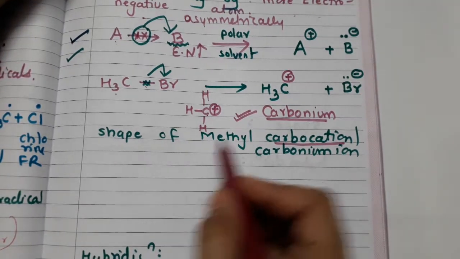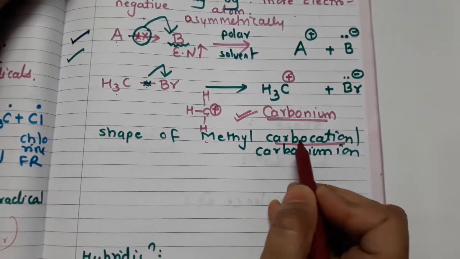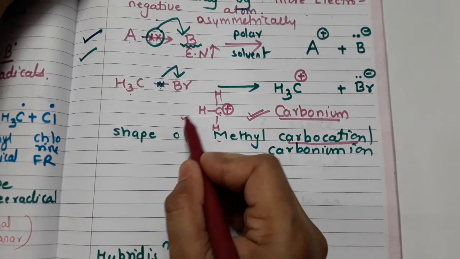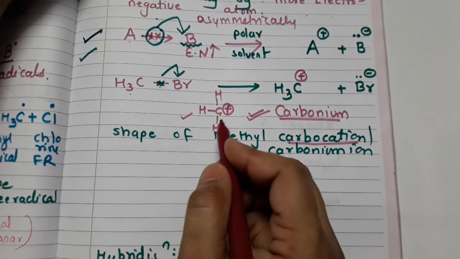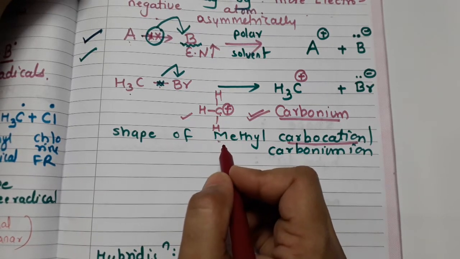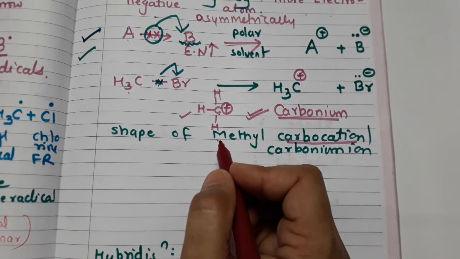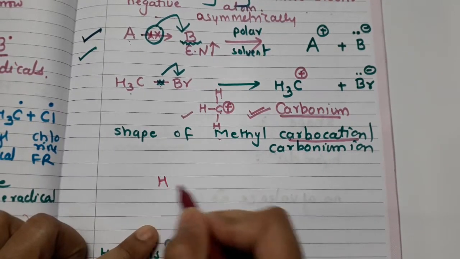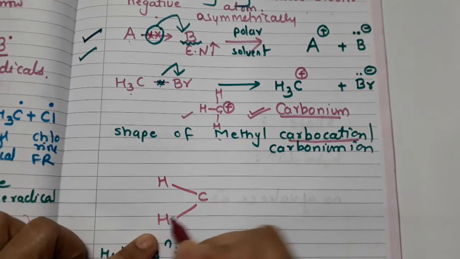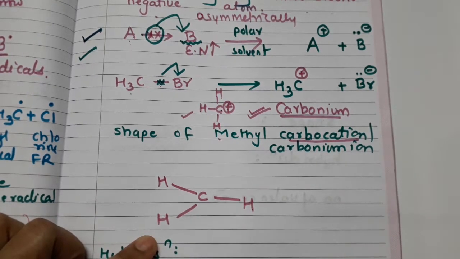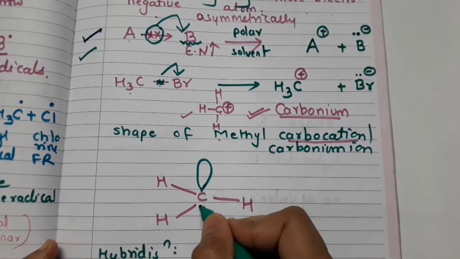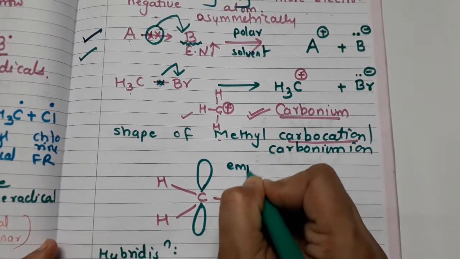So let us draw the structure of methyl carbocation. You might say that I have already drawn the structure, but yes, let us draw the orbital structure. In case of methyl carbocation, see how I am going to draw it. We have H, we have carbon, we have H, we have H, and we have this orbital, which is empty.